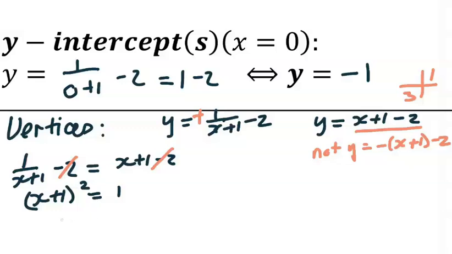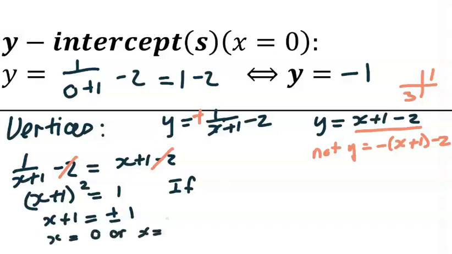So x plus 1 is equal to plus or minus 1, which is then x equal to 0 or x equal to minus 2. If x is 0, then y is equal to, we can put it in the line of symmetry or into the function, but it's quicker there.